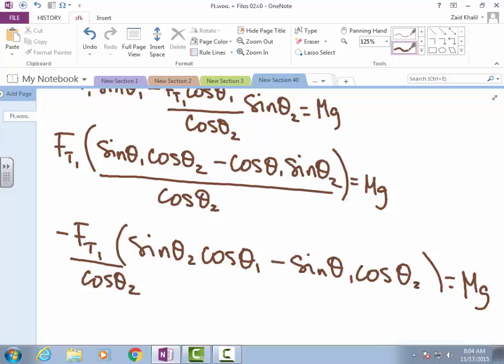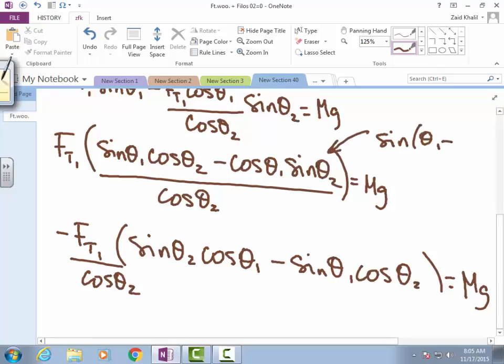It's not the double angle formula because theta 1 and theta 2 are not the same. What expression is it? You guys had to derive something along these lines, or I derived it. This right here is the sine of theta 1 minus theta 2.